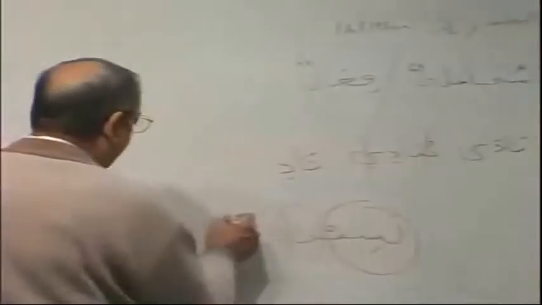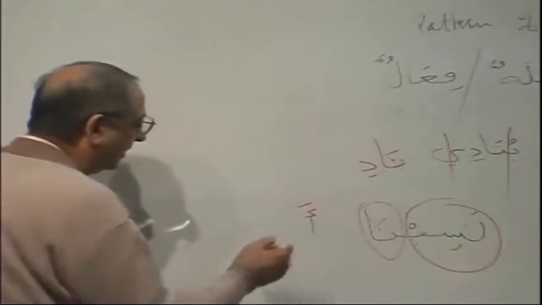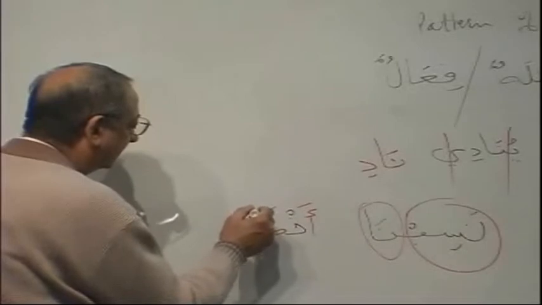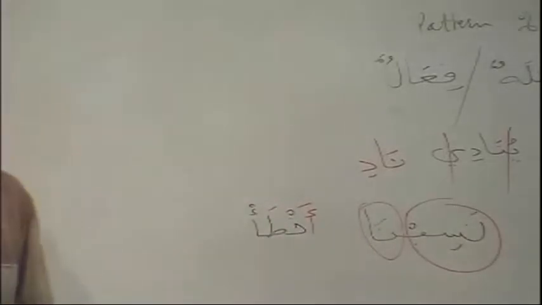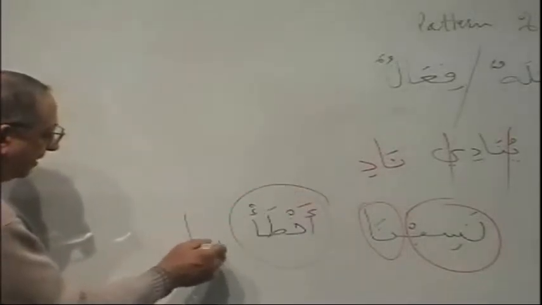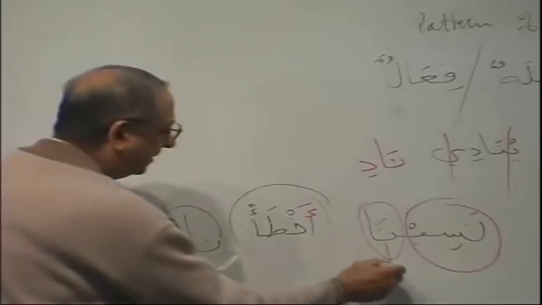So where is the verb? Akhta, same way. Na, yes. It is form 4. Akhta, like this. Okay? Inshallah. And na is this is your verb, and na is your fa'il. Are you with me with it?